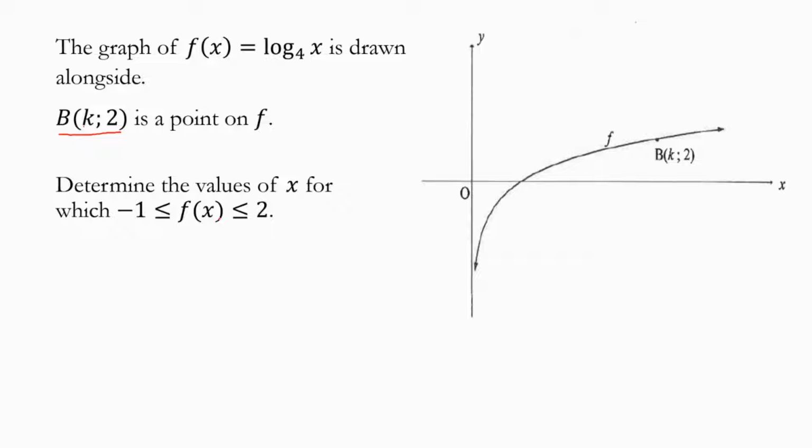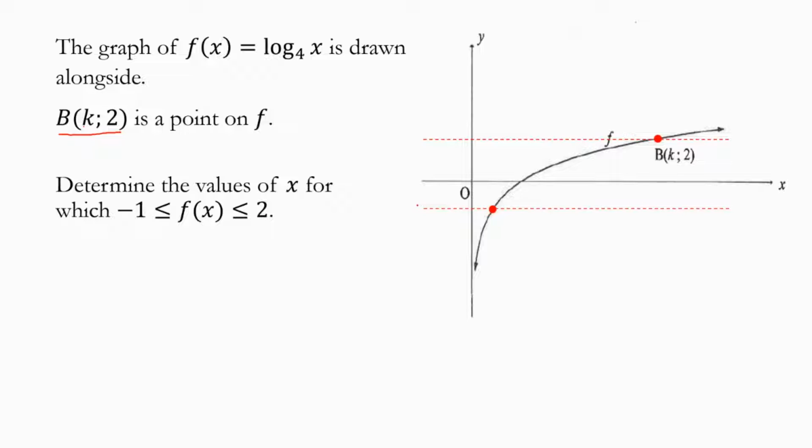So what is the meaning of this? Remember, f of x is the y value. So we're saying for which values of x is f of x between these two y values, between or from, because they are included. -1 is included and +2 is included.